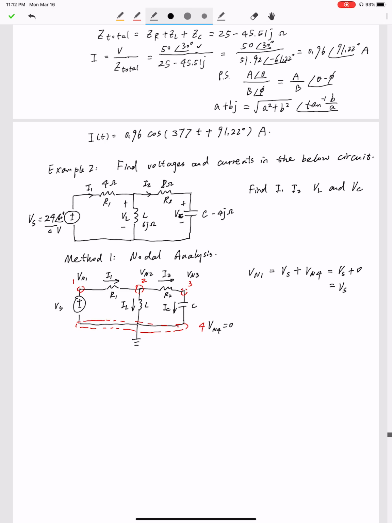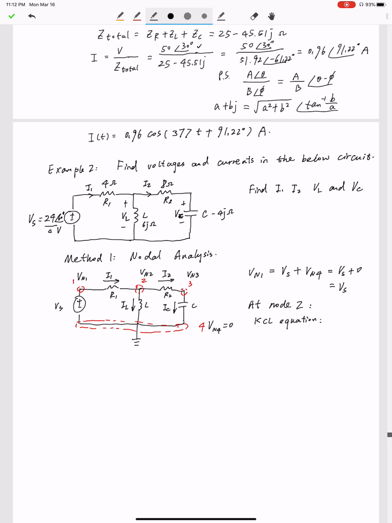At node 2, we can write the KCL equation. In case you forget, KCL is Kirchhoff's current law, which says that at a node, the summation of entering current equals the summation of leaving current.